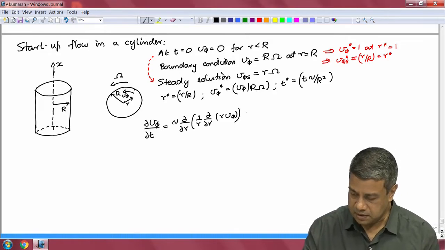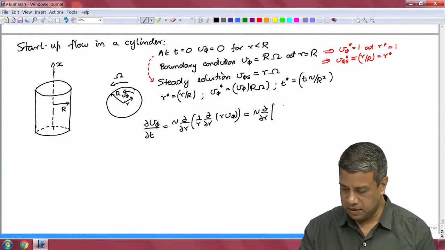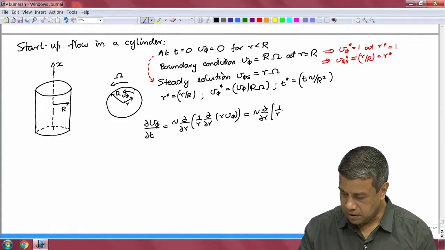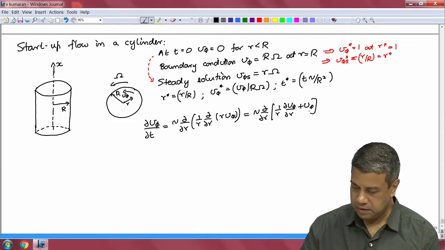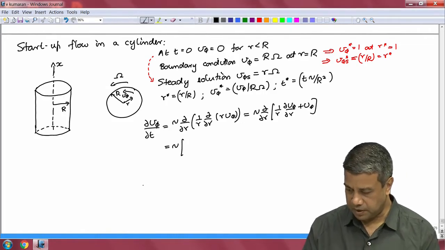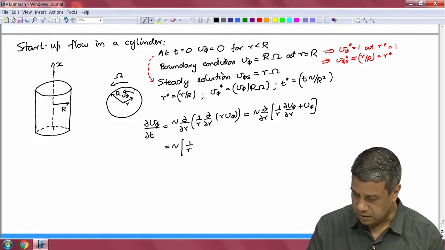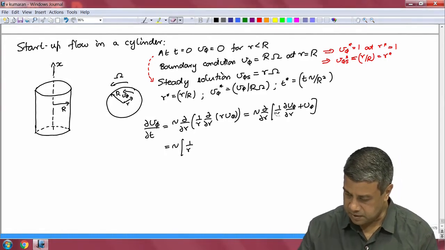And I can expand this out, which is equal to nu times d by dr of (1 by r d v phi by dr plus v phi)... I am sorry, I made a mistake here.